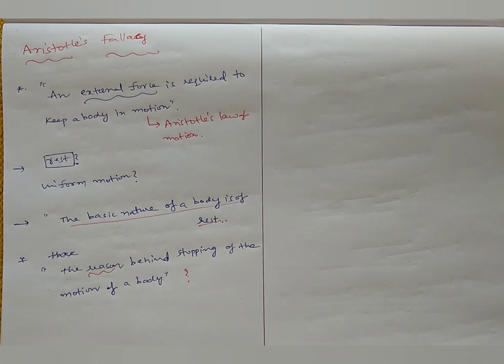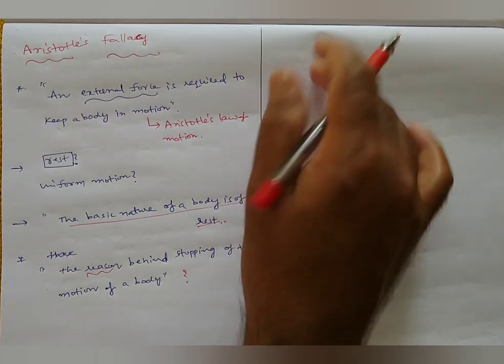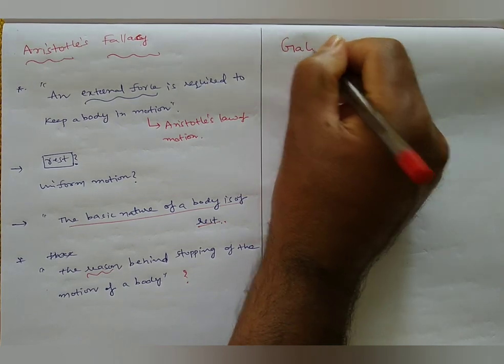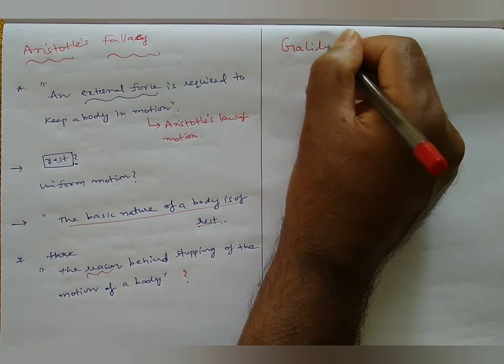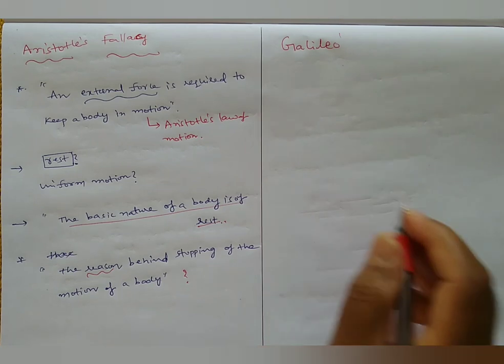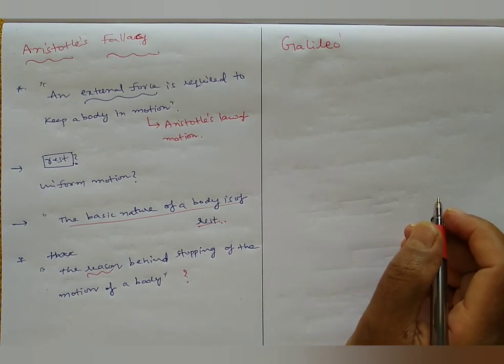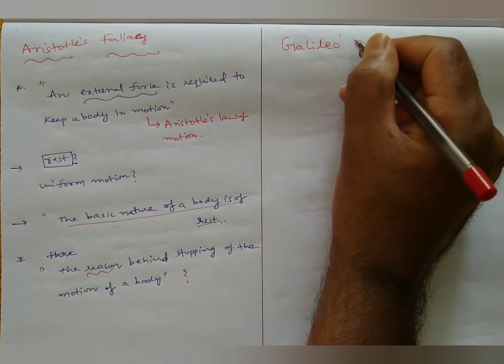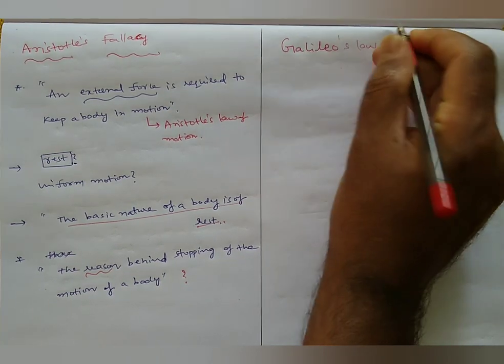Then later, one more scientist, his name is Galileo. So Galileo came and then he explained the motion of the body. That is Galileo's laws of motion.